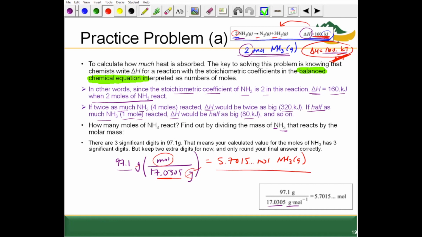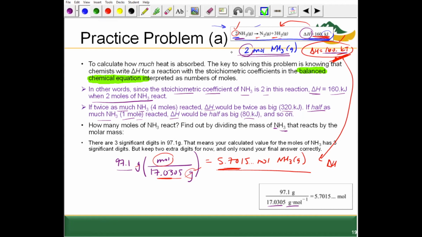We know it takes this change in enthalpy for every 2 moles of ammonia gas. But we don't have 2 moles, we have 5.7015 moles. How do we connect these two now to get the correct change in enthalpy, given actually how many moles of ammonia we have in our reaction? So remember, these balanced reactions just help us connect how many moles of reactants and products are necessary for a complete balanced reaction.